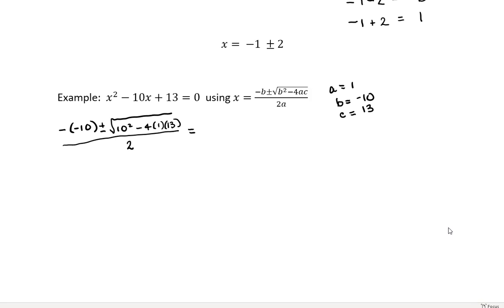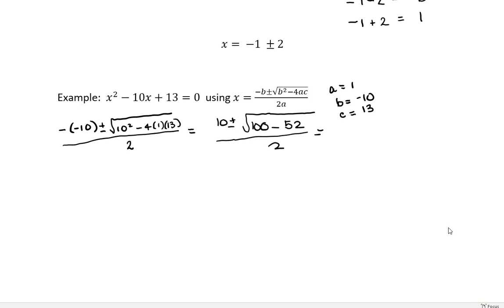So now I have my negative 10, so that's going to be a positive 10, plus or minus the square root of 100, right, because my 10 squared is 100, minus, well, 4 times 13 is going to be minus 52, all over 2.